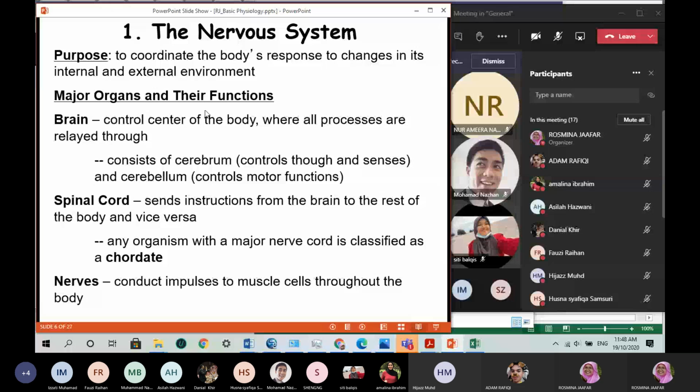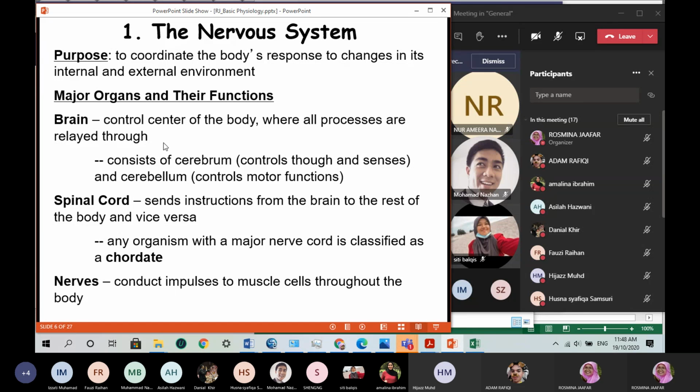The major organs of the nervous system are the brain, the spinal cord and the nerves. The nerves are like, if you compare with your electrical circuit, the wiring system that connects the brain to the muscles, to the target organs.